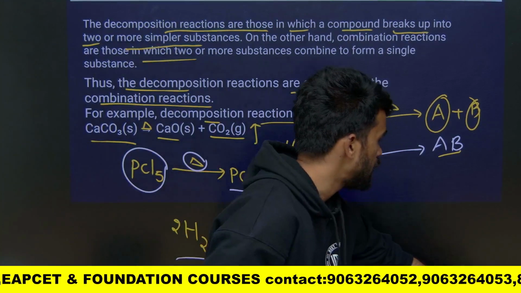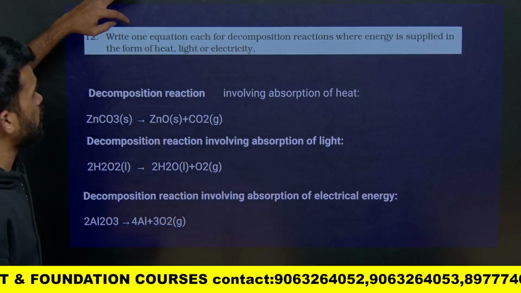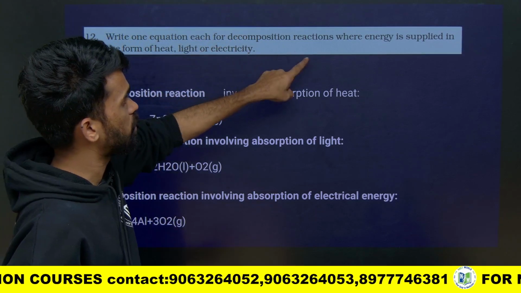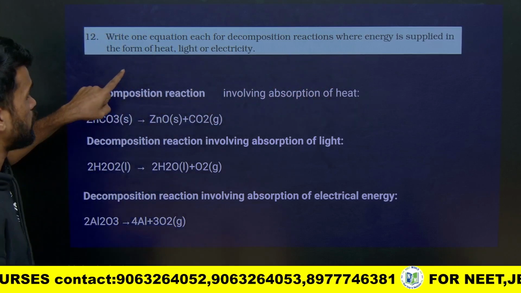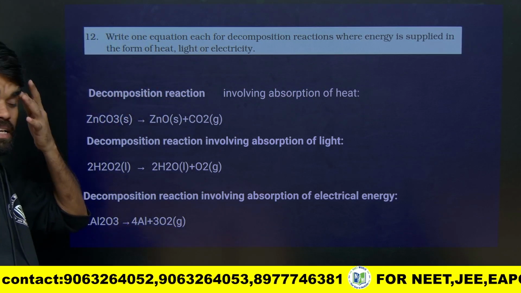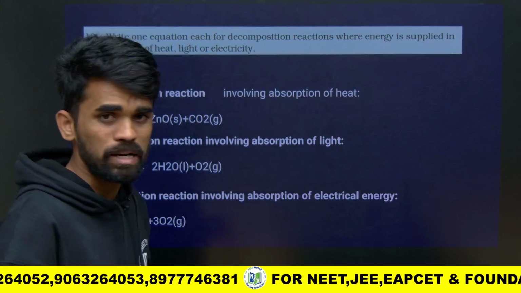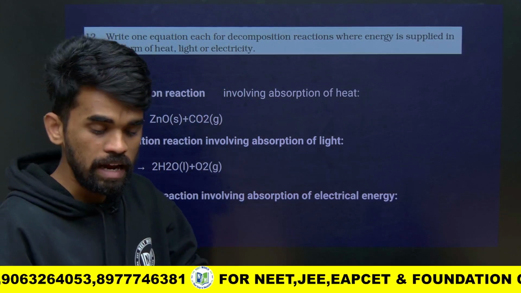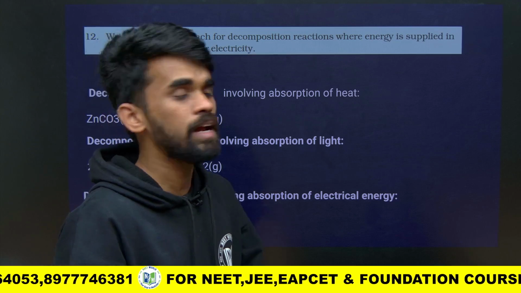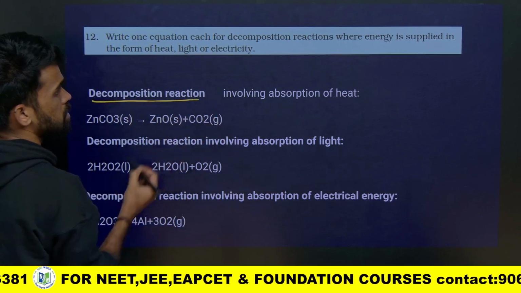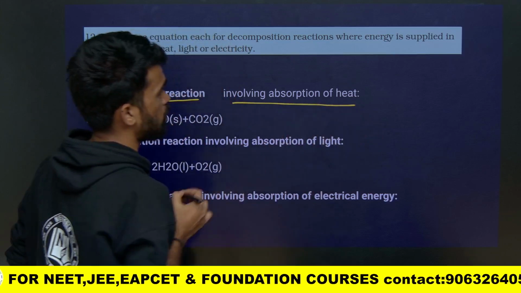The next question: write one equation for each decomposition reaction where energy is supplied in the form of heat, light and electricity. We know decomposition reactions take place in the presence of either heat, light or electricity. First, decomposition reactions involving absorption of heat.